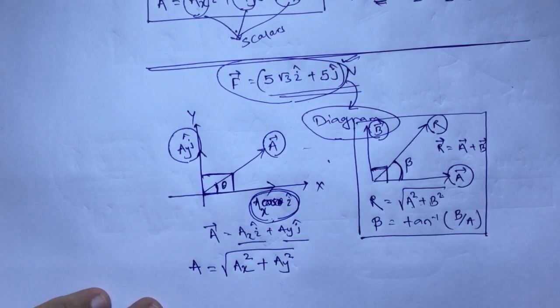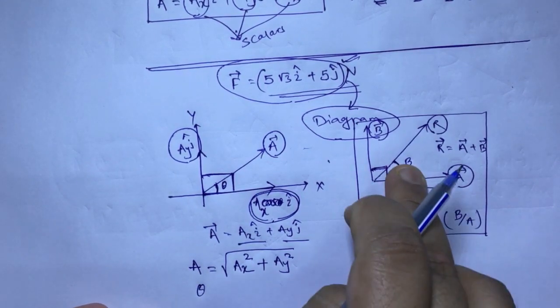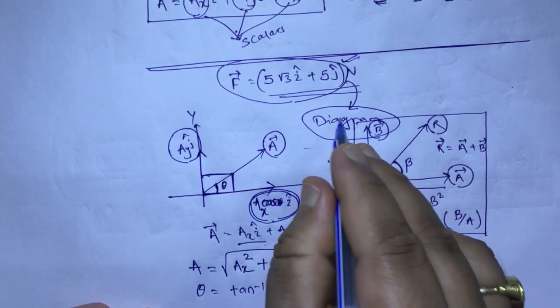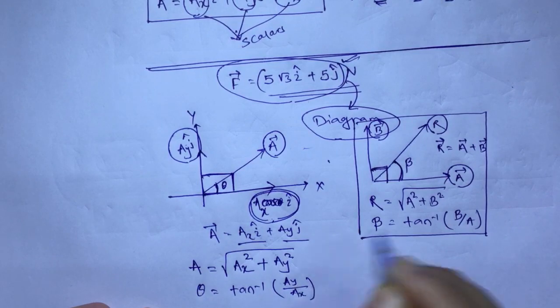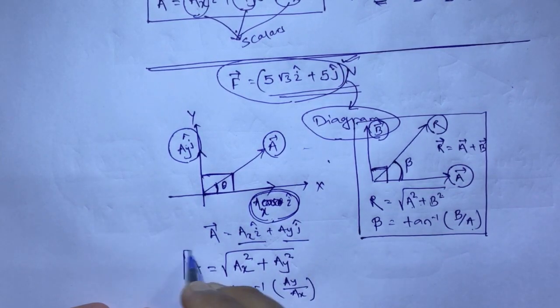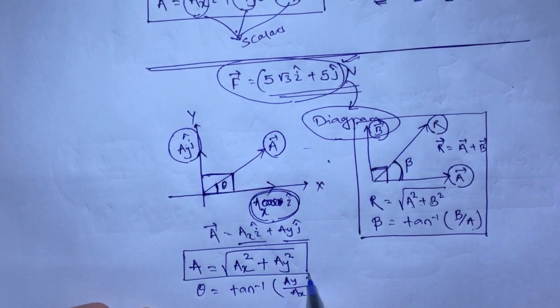Similarly, if I want to write theta, there it was beta, but here it is theta. Theta will be equal to tan inverse of ay by ax, b vector magnitude divided by a vector magnitude. So these were the formulas: a vector equal to this and theta equal to this.